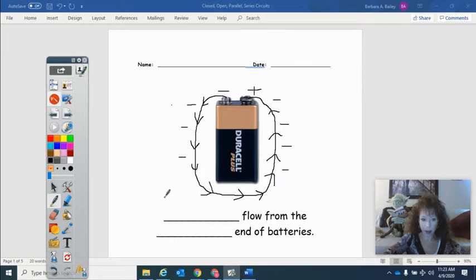Right here we're going to write, and I'll use a different color so it stands out a little bit better.